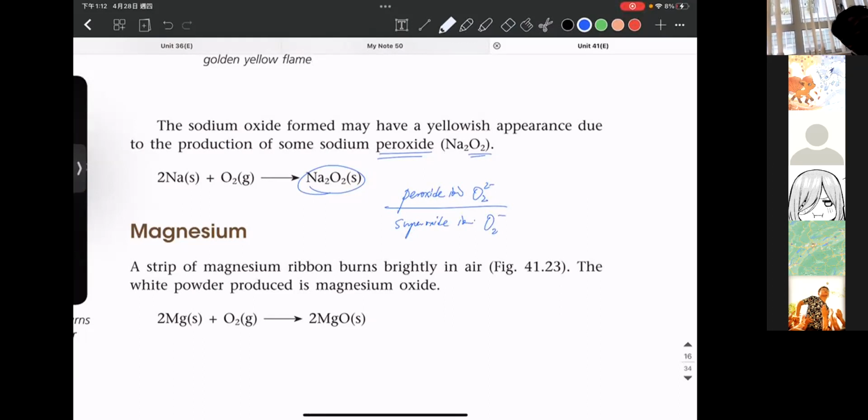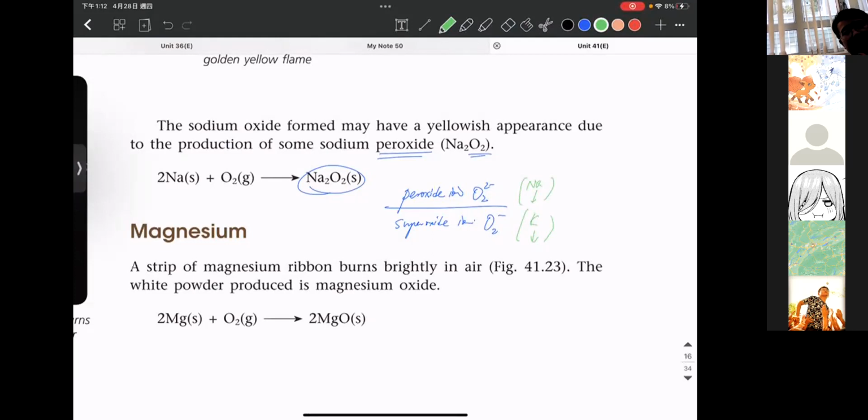While this, you may find in potassium downward. But for peroxide, you may find it from sodium downward. Which means that for potassium, it will have a chance of having potassium superoxide, while not potassium peroxide.